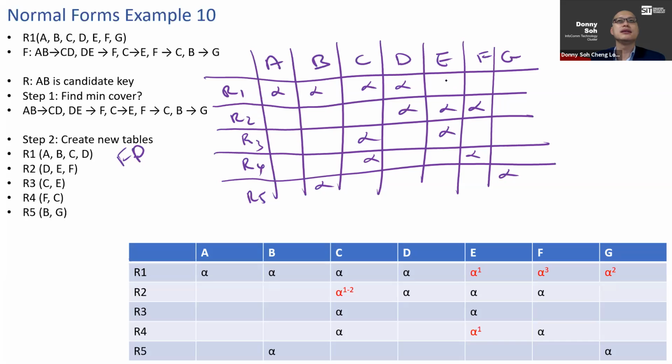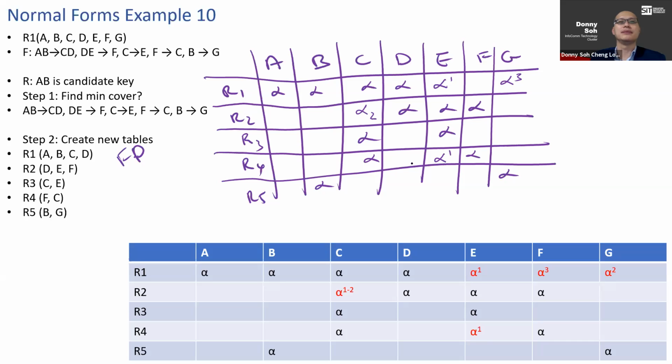C implies E, alpha 1. F implies C, alpha 2. And B implies G, alpha 3.